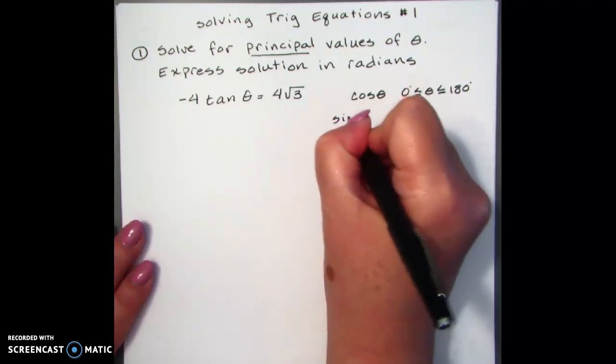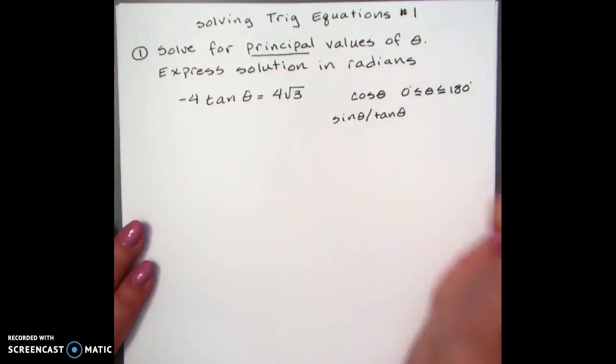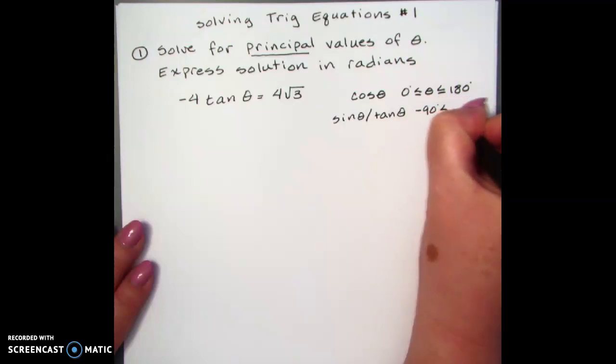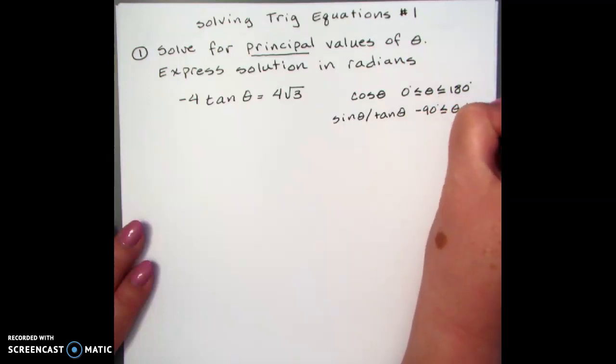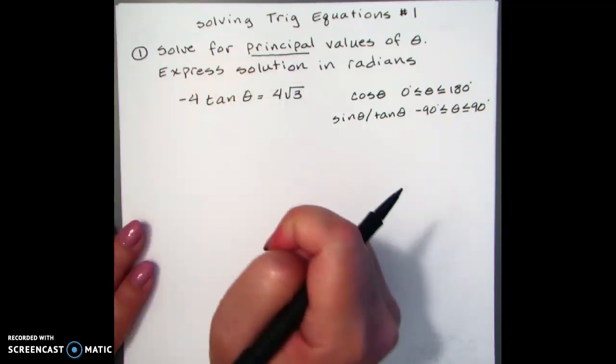And then sine of theta, as well as tangent of theta, is going to be in quadrants 1 and 4, so from negative 90 less than or equal to theta less than or equal to 90. We want to keep that in mind anytime the directions say principal values.